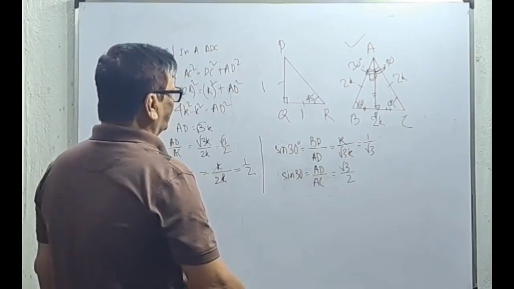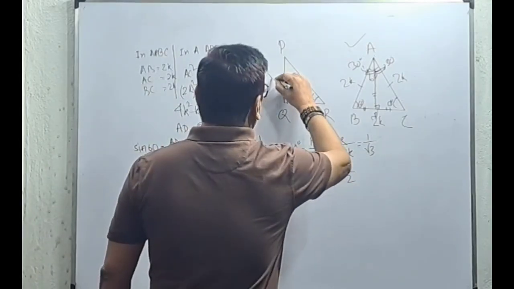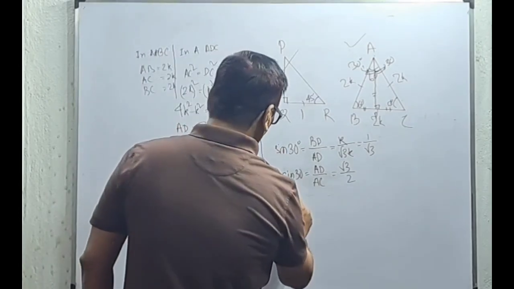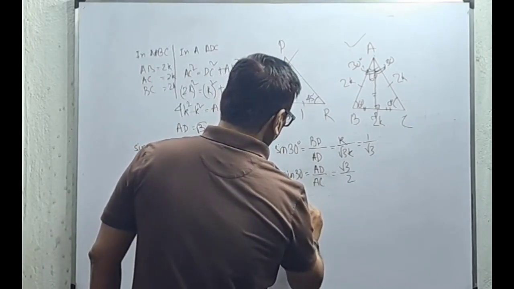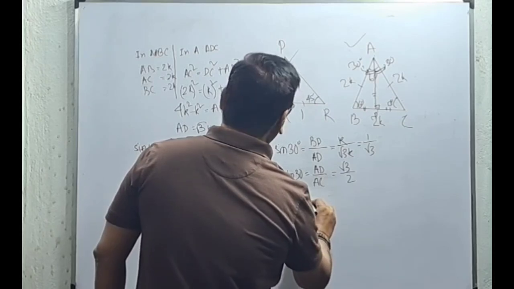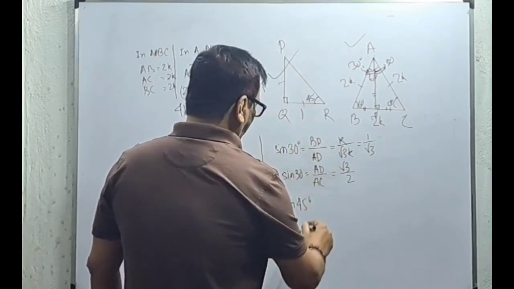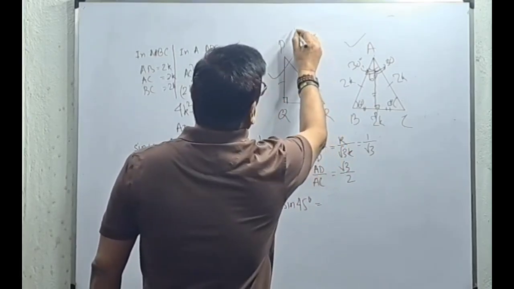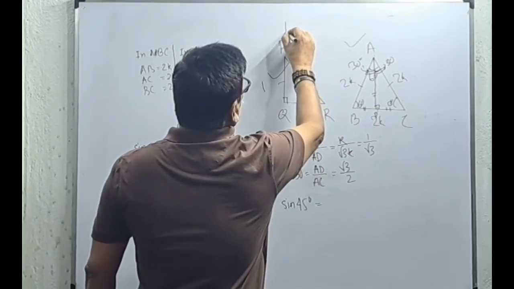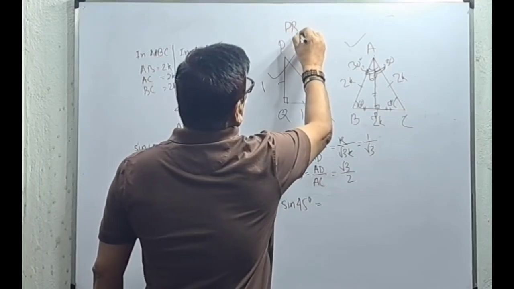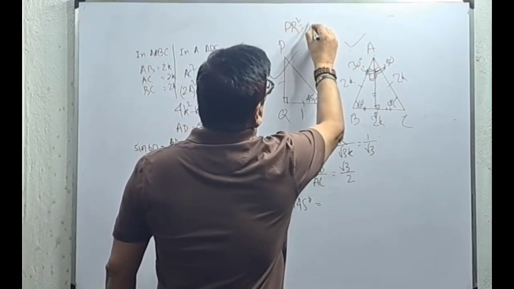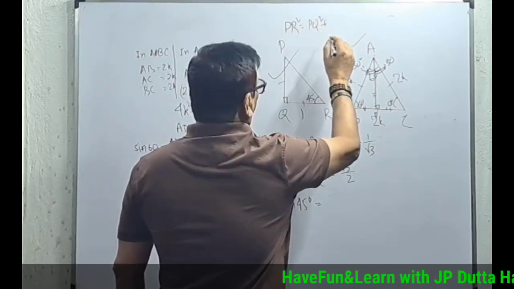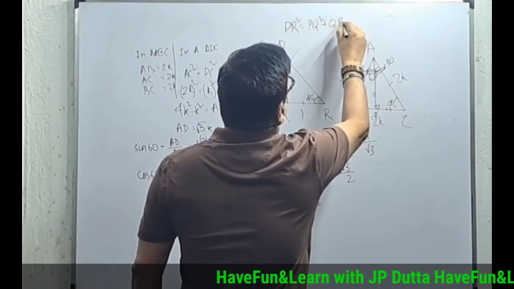Now to get 45 degree we take this triangle. So we call sine 45 degree, this is 1 and this is 1. Here we can find out PR square is equal to PQ square plus QR square, right?